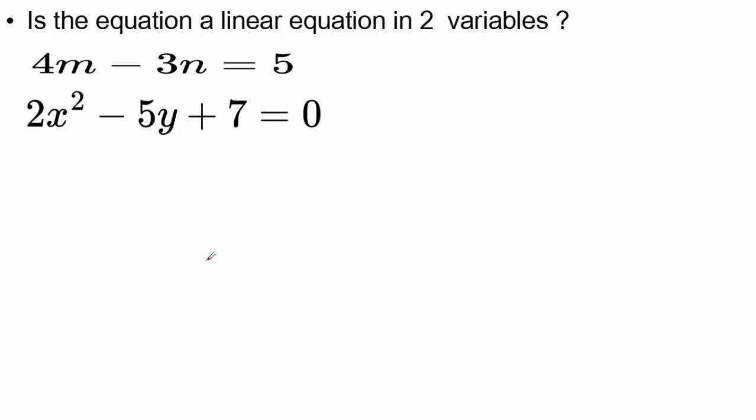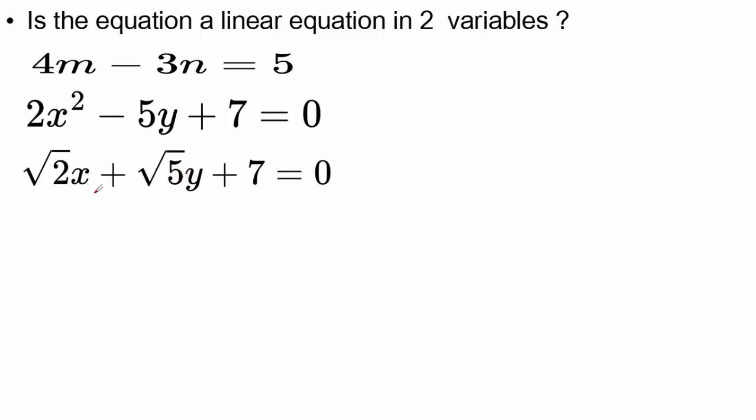Second equation, 2x square minus 5y plus 7 equal to 0. In this equation, the degree of 2x square is 2, which is not equal to 1, and hence it is not a linear equation.